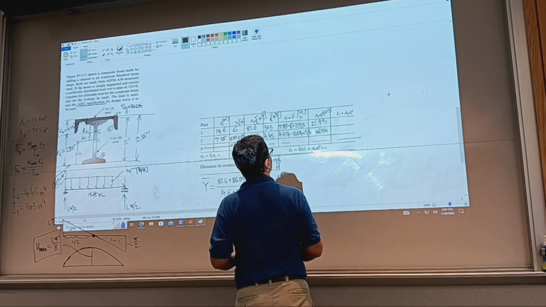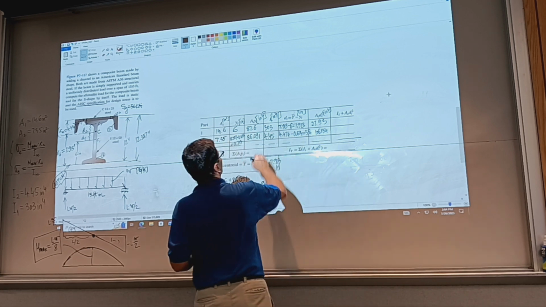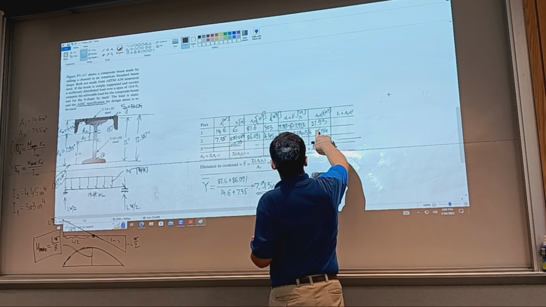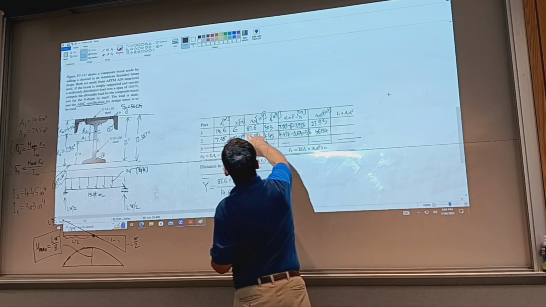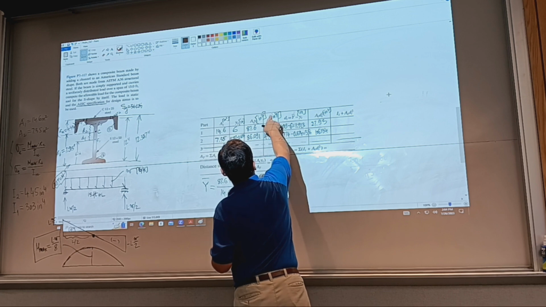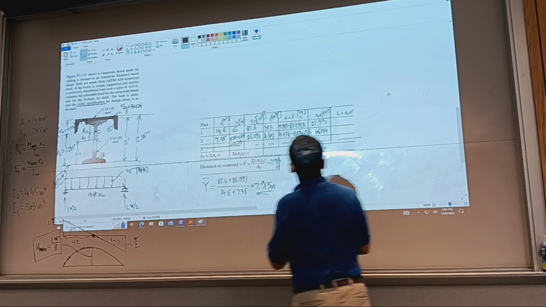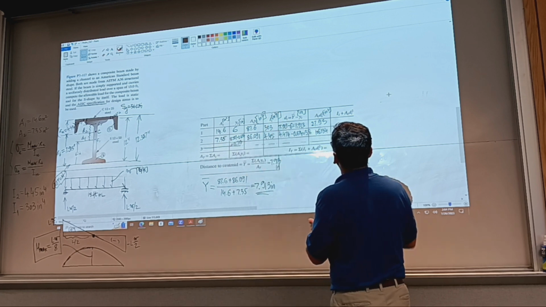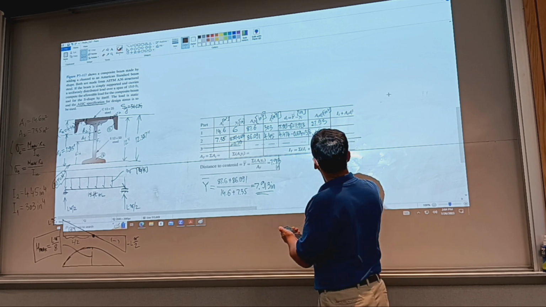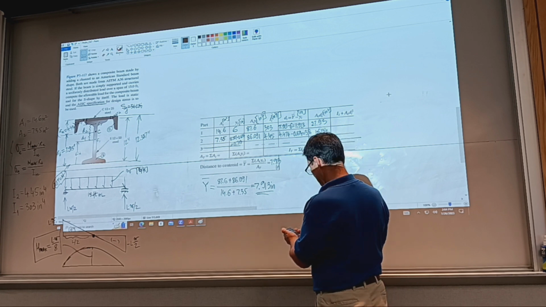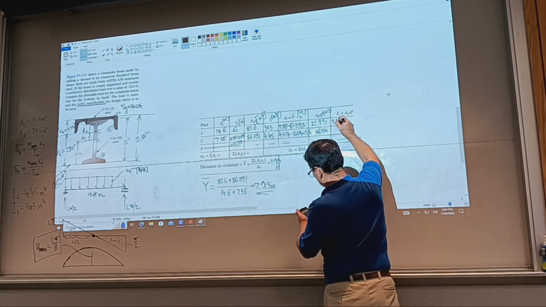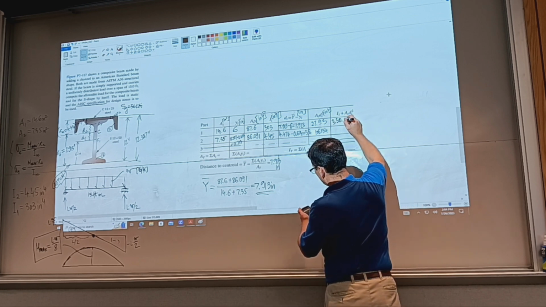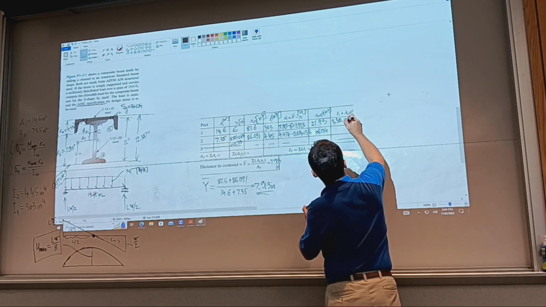Okay, so I need to calculate these and then add them, the last column, and that's going to be the total moment of inertia for the assembly. So I1, what was it? It's here. So 303 plus 2627.9893, this is 2930.9893.